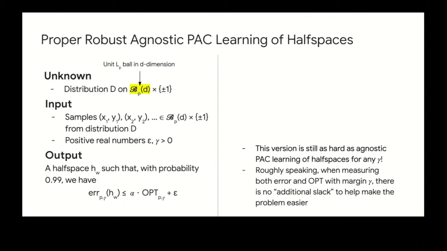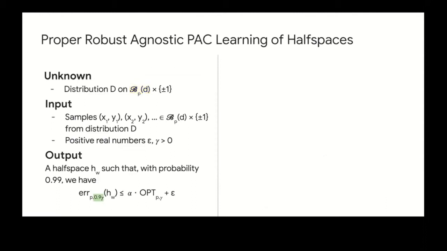So this problem is still as hard as the agnostic learning of half spaces, which, as we said earlier, is NP-hard. It was proved by Arora et al. So we will relax this a little bit further. Specifically, instead of requiring the output half space to have small gamma robust error, we only require it to have small 0.9 gamma robust error. Okay, so this is the problem that we want to solve.